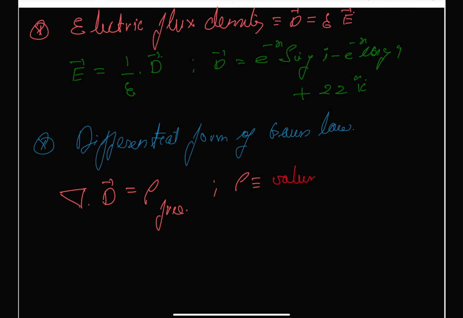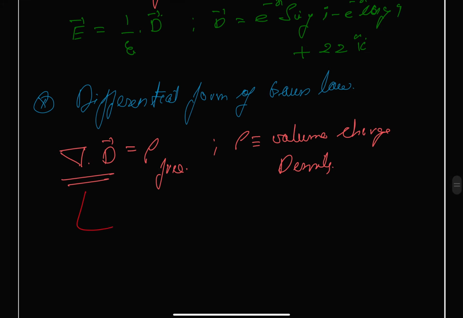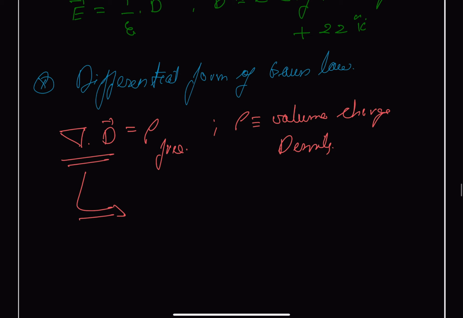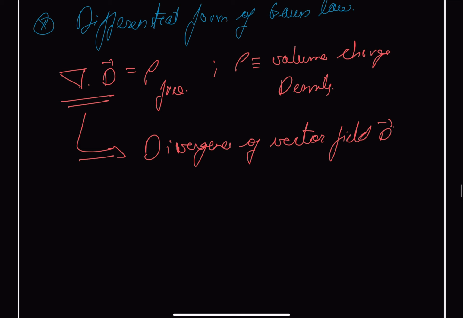Rho is volume charge density, and the left side, this particular term, is called the divergence of the vector field, that is our D. Now we can easily find out the divergence of the vector field. Okay. And we can say, calculating the divergence.